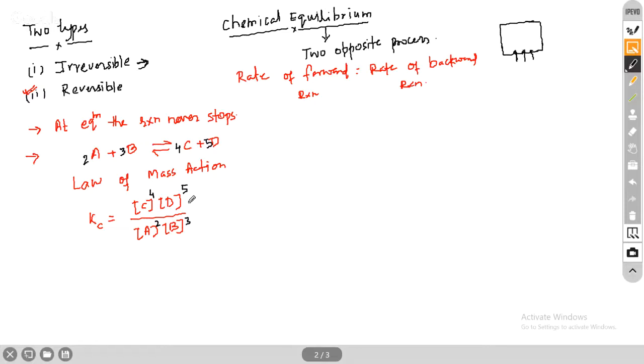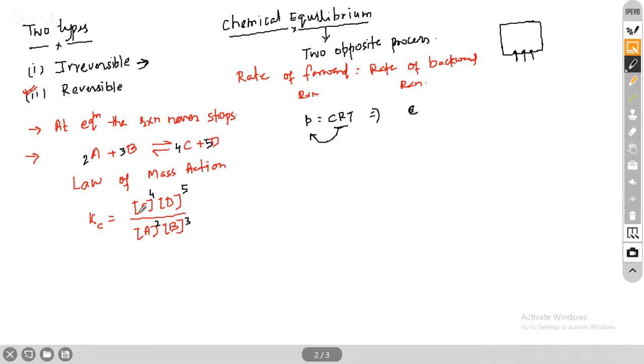And one more thing over here, that we know the relation of pressure and concentration, P is equal to CRT. So this concentration term, if it is multiplied by RT, converts into pressure, correct? We can multiply RT in the numerator and denominator, so this concentration term converts into pressure, right?